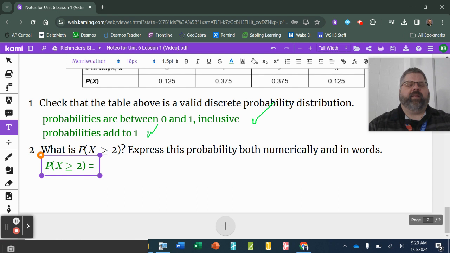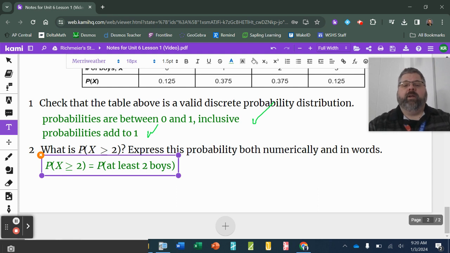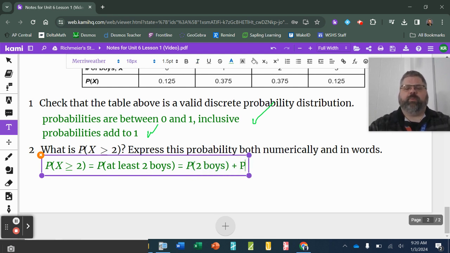And so what that means is basically, if I were to convert this into words, we'd be talking about the probability of at least 2 boys. And so really that means 2 or more. So in this case, since they're having 3 children, that would be that they have 2 boys or 3 boys. And so what I would do is I would say the probability of having 2 boys, plus the probability of having 3 boys.